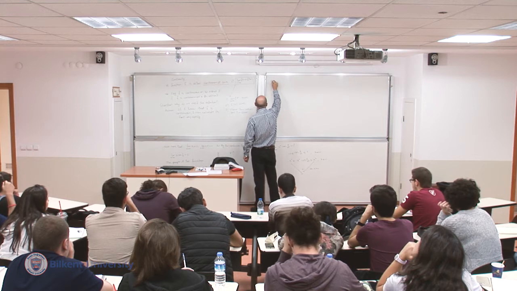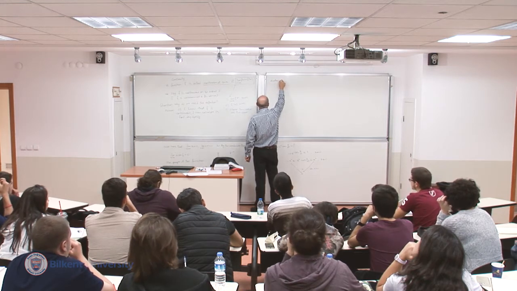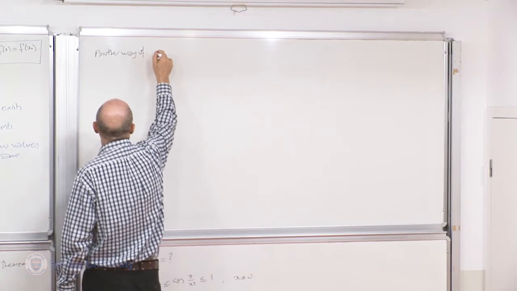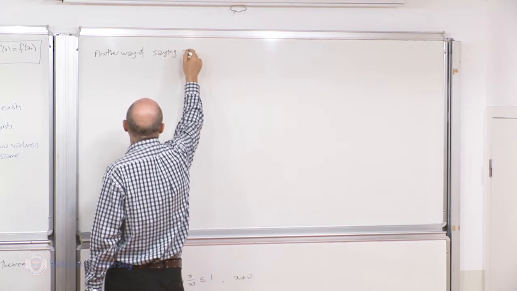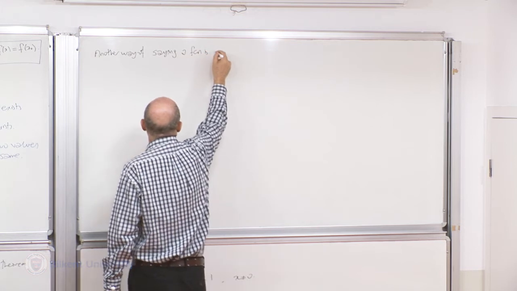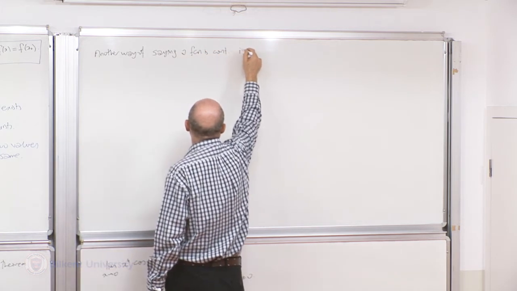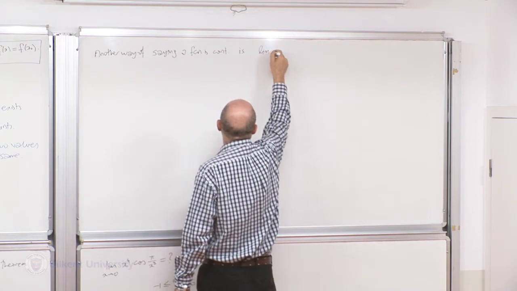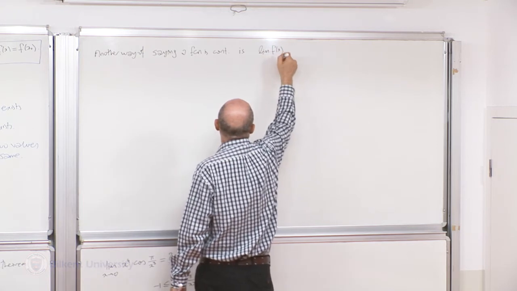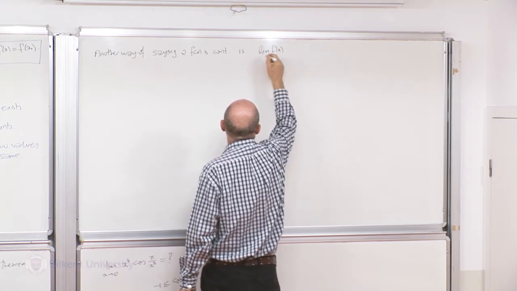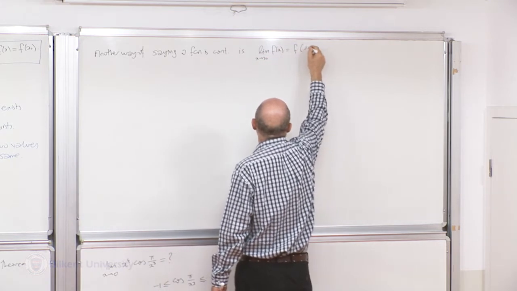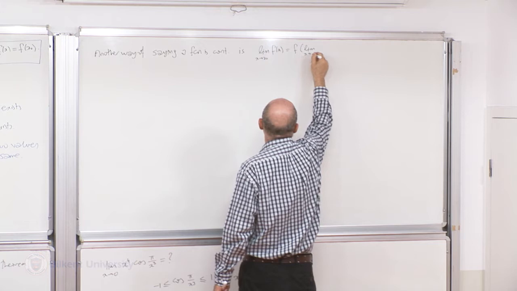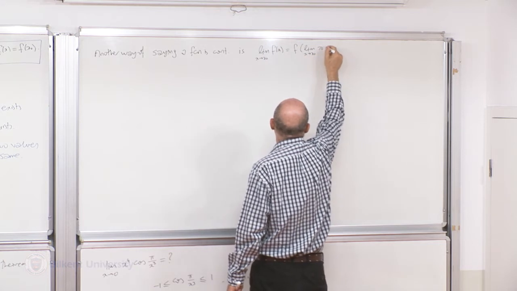So another way of saying a function is continuous is that the limit of f of x as x goes to x sub 0 is equal to f of the limit as x goes to x sub 0 of x.